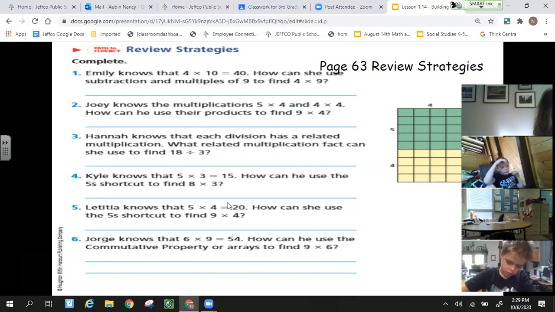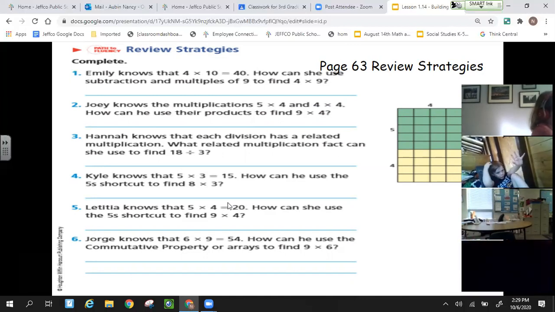You're supposed to not know that. You're supposed to use 4 times 10 is 40 to figure that out, right? Okay, so I know that 10 minus 4 equals 6. So then 40 minus 4 equals 36, or the number below it.